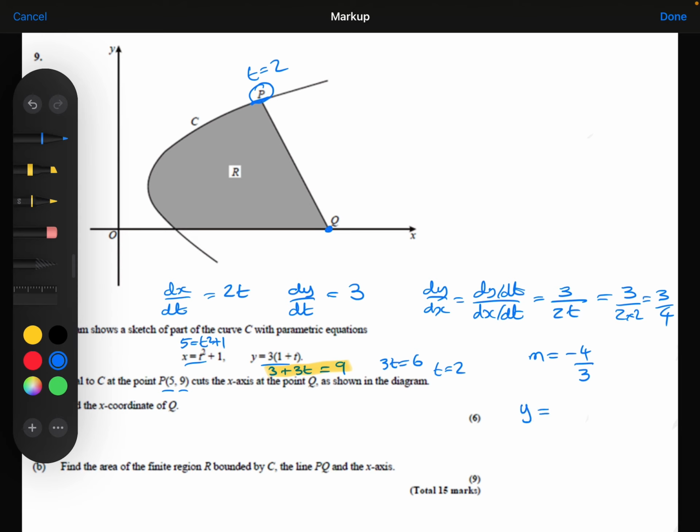I can now do y equals mx plus c, substituting in the coordinate that the normal goes through, which is (5, 9), and working out what the y-intercept is going to be.